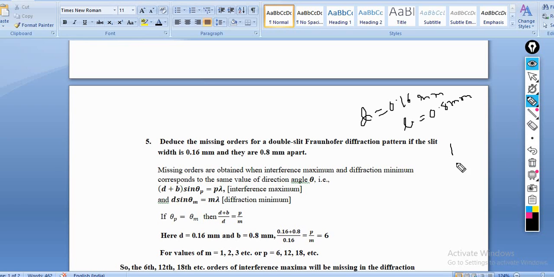We have two slits, the slit width is d, and the gap between the slits is b. So what you have to find is which order is missing.